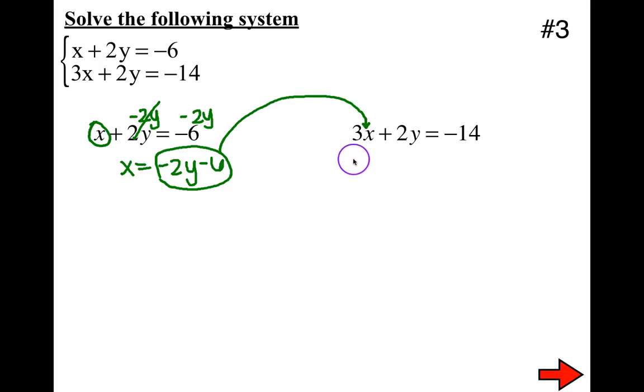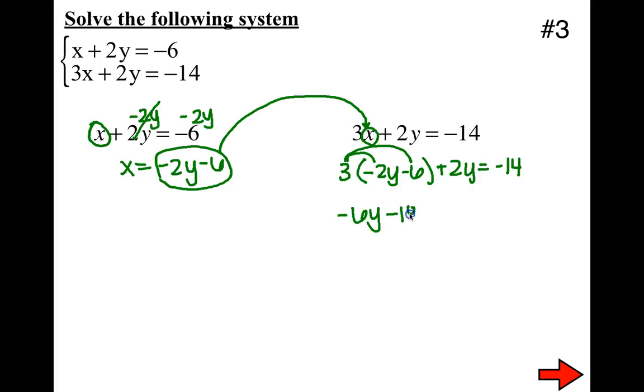So now I'm going to be left with 3 times the quantity. Instead of x, I'm going to put negative 2y minus 6. I'm still going to add the 2y, which equals negative 14. Here, I'm going to go ahead and distribute, which is going to give me negative 6y, distribute one more time, minus 18 plus 2y equals negative 14.